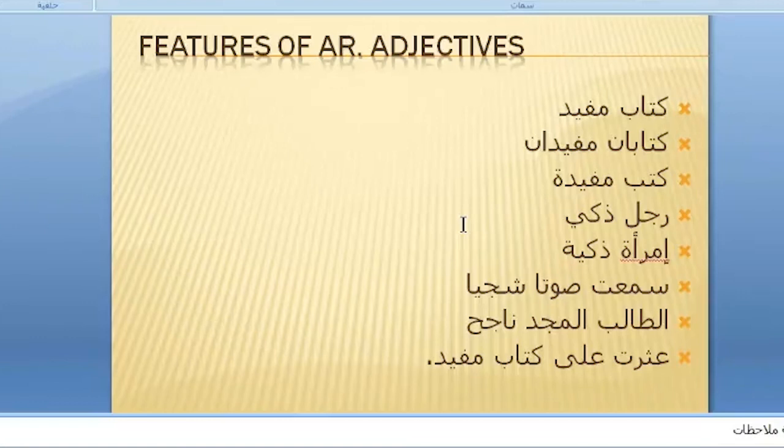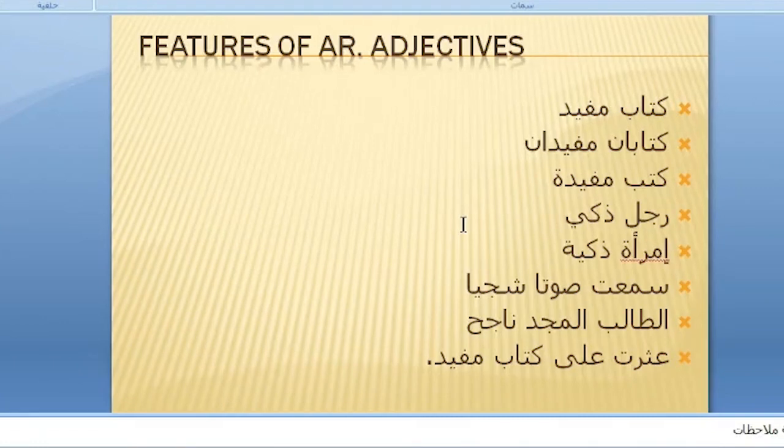Now, does gender affect the Arabic adjective? يعني هل الجنس النحوي يؤثر على الصفة في اللغة العربية? The answer is yes, as it is shown in this pair. رجل ذكي, ذكي is an adjective referring to the noun which is masculine, رجل.